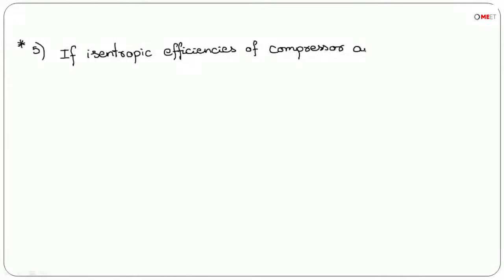For maximum work done, if isentropic efficiencies of the compressor and turbine are given, then what happens?